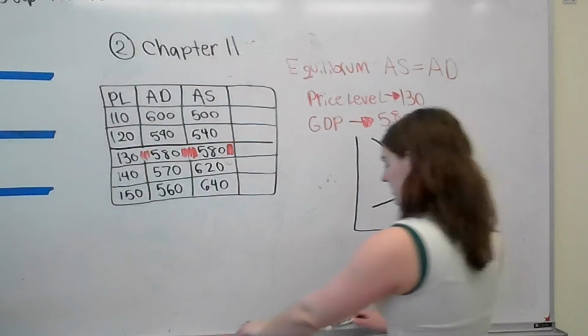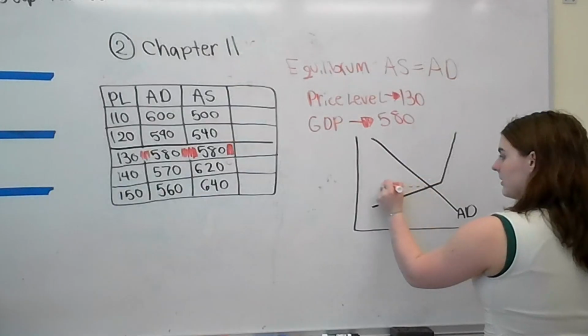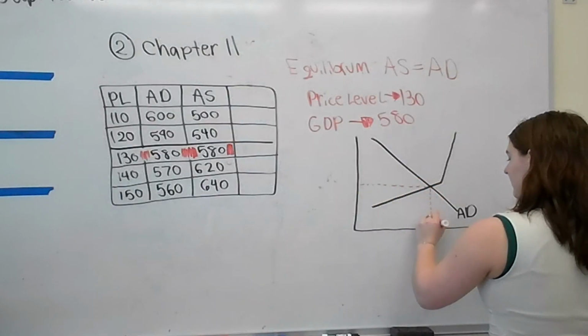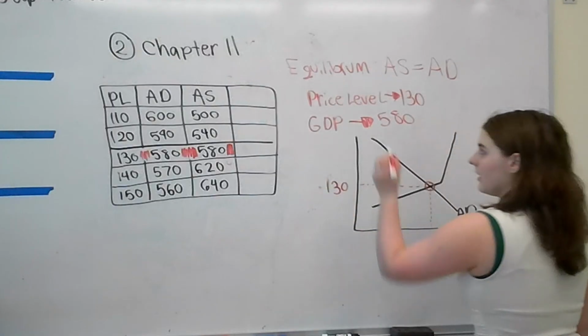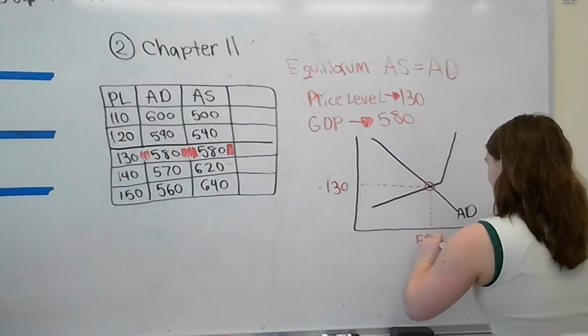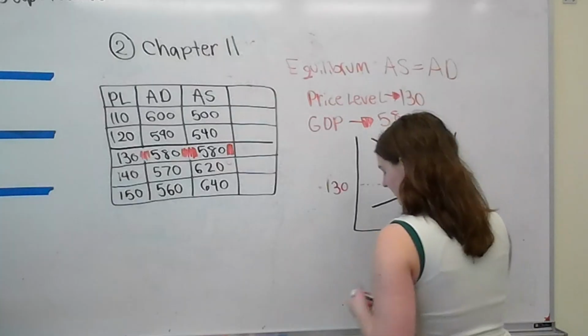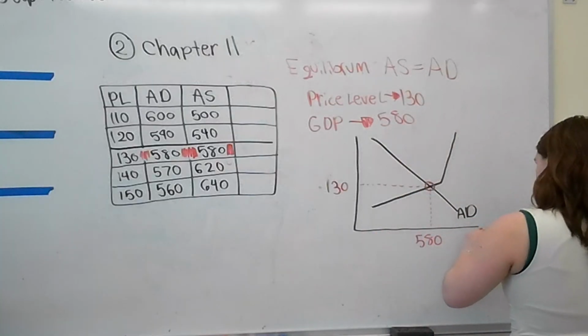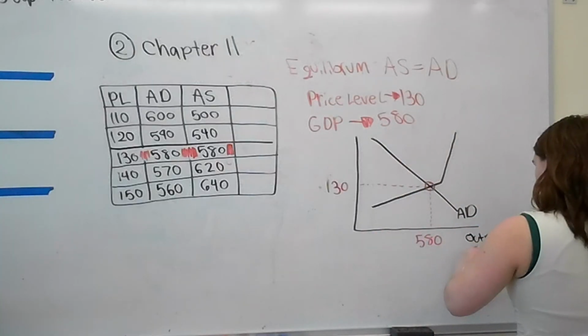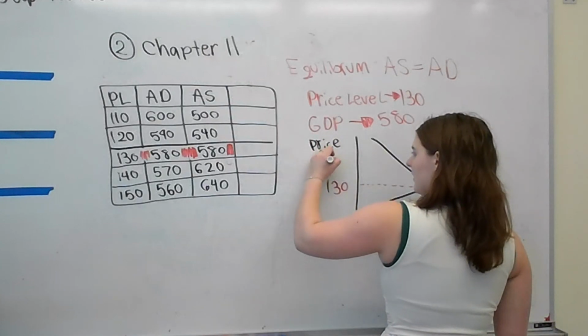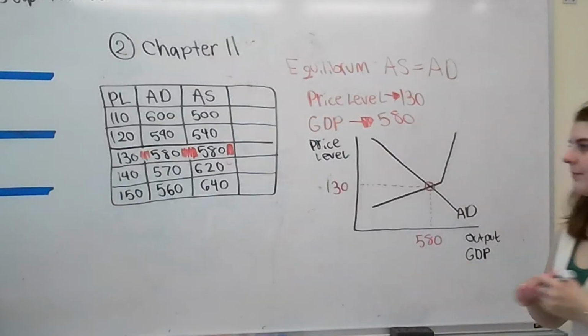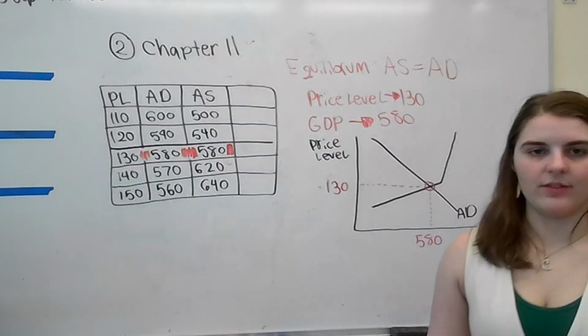But they're going to cross exactly at our equilibrium. And our equilibrium is at a price level of 130 and then 580. Remember, we can call this output, we can call this GDP, anything we want. And then this is our price level. That's our first question satisfied.